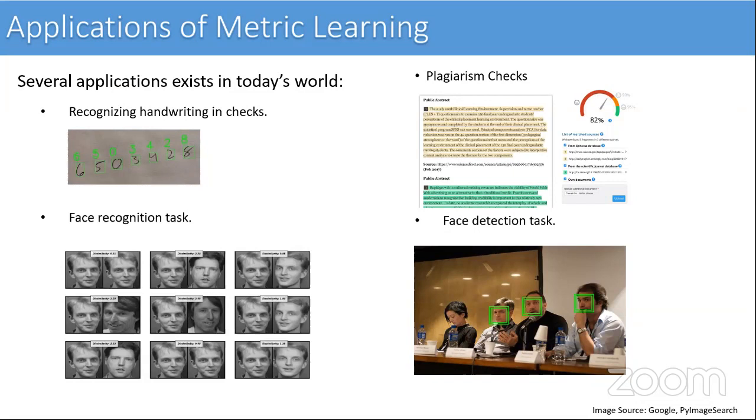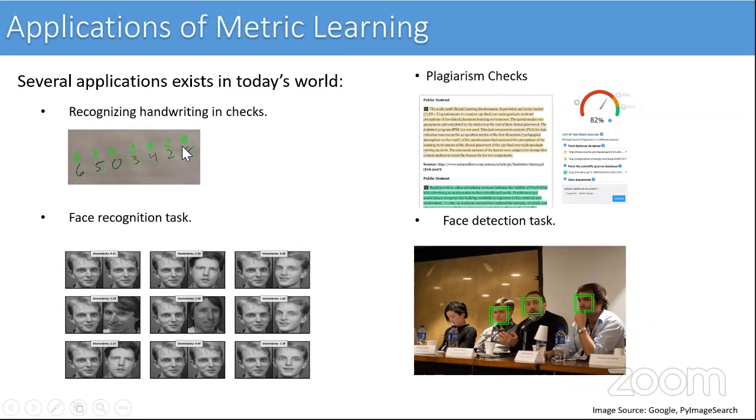So we'll probably explore this face recognition task in a little more detail in our few shot learning session of this tutorial. Another application would be checking plagiarism. Though we are dealing with computer vision applications, another one is that if two documents are given and we extract some kind of feature from those documents, we can see if they are similar or not. That's another typical application of metric learning based frameworks.